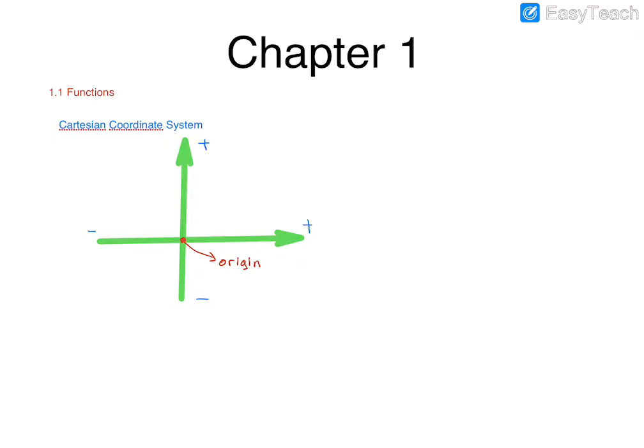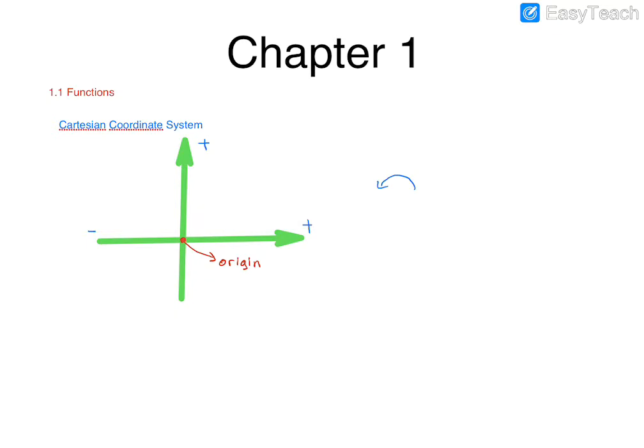The coordinate axes divide the plane into 4 parts called quadrants, which are numbered counterclockwise from 1 to 4. Which part is the first quadrant?